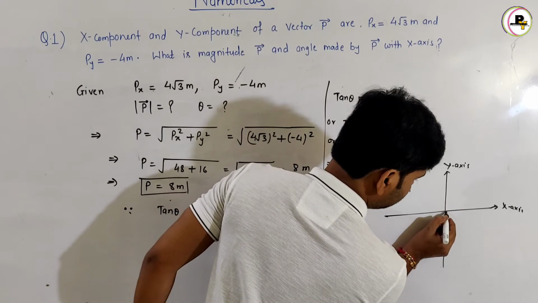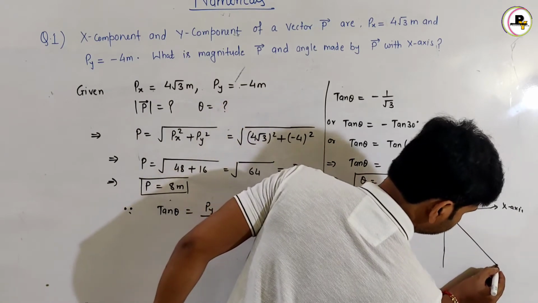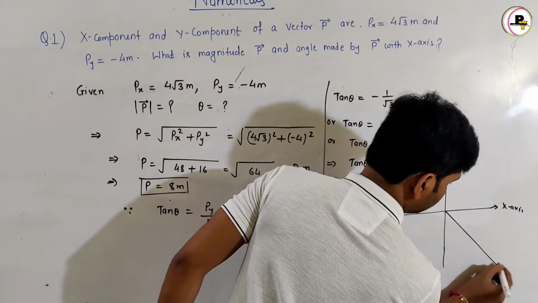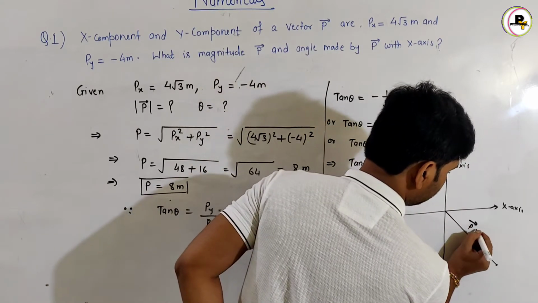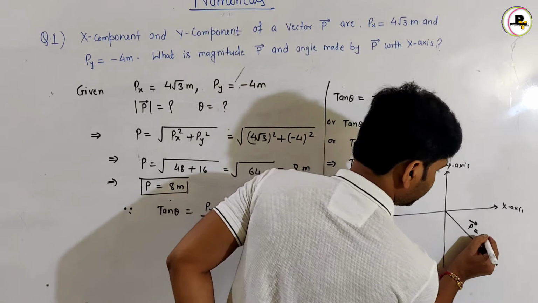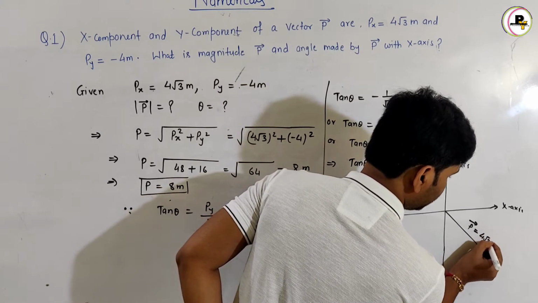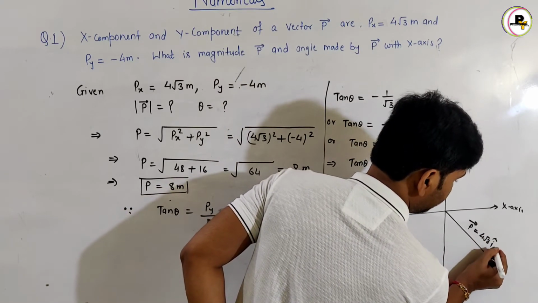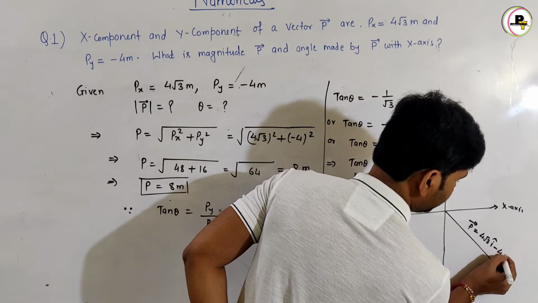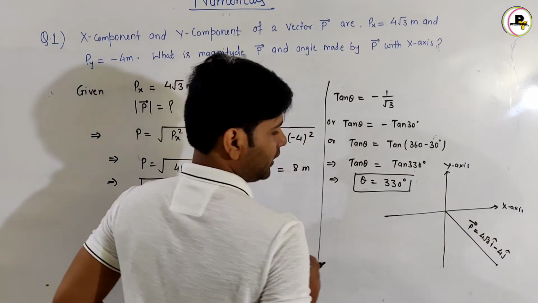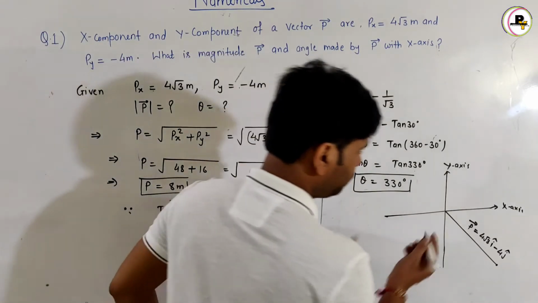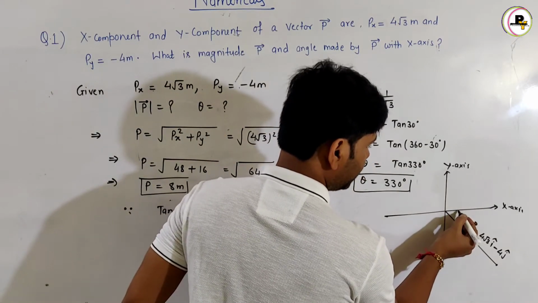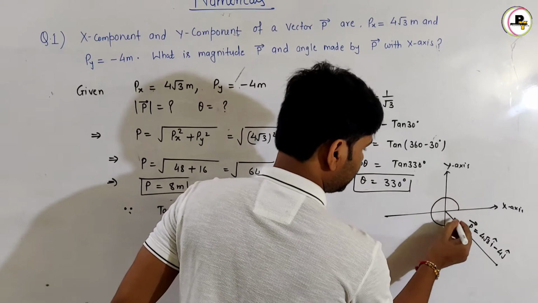So I can draw this resultant vector as the P vector, which can also be written as 4 root 3 i cap minus 4 j cap, and its magnitude, as we know, is 8 meter. And its direction from the x axis is 330 degree.